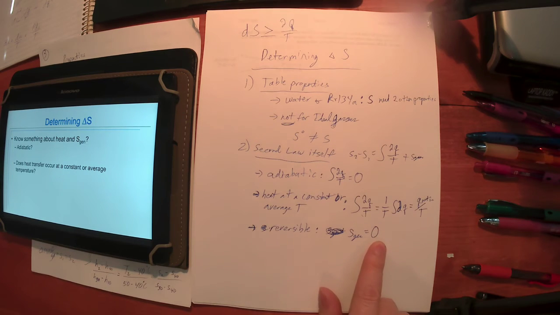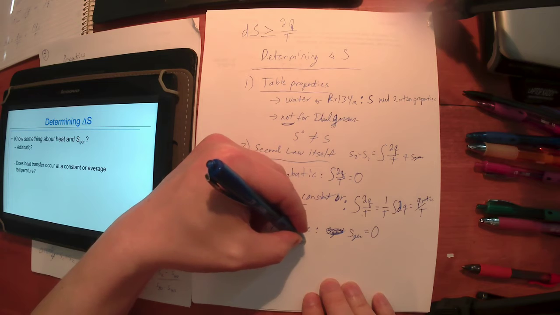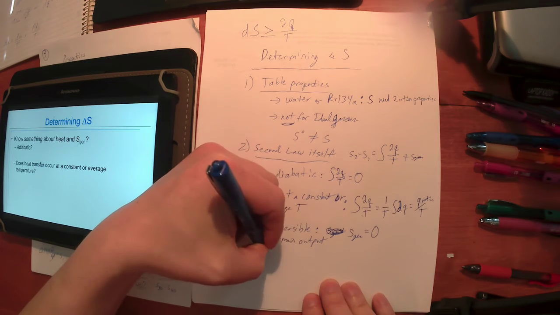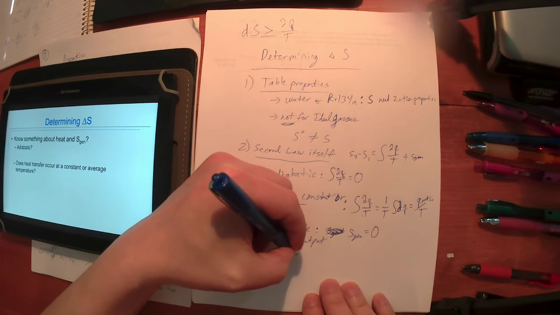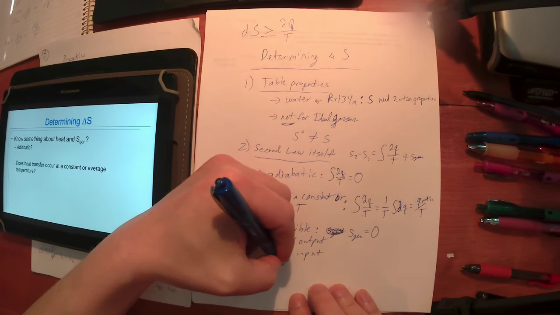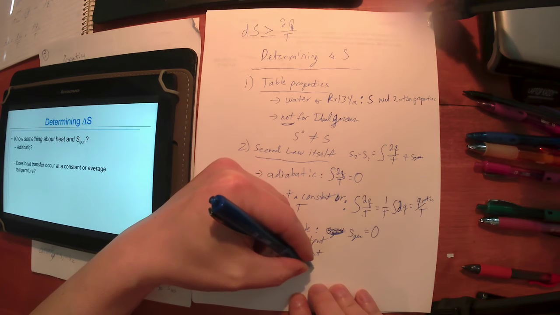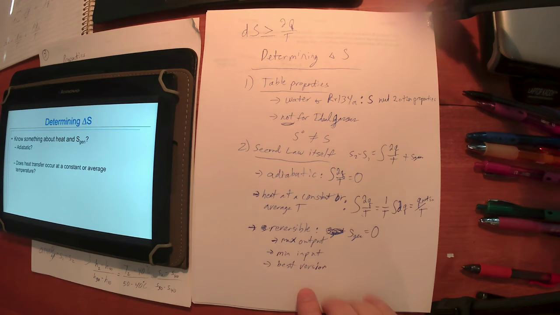It's 0, right? So that's max output, minimum input, things of that nature. They'll tell you something in the problem statement that tells you it's the best version. That's really what you're looking for: am I dealing with the best possible version of this device? If that's the case, then it's the device that doesn't generate entropy.